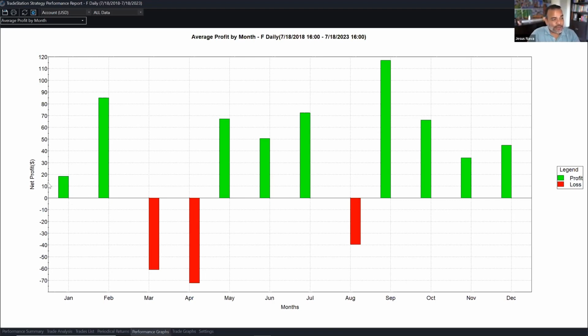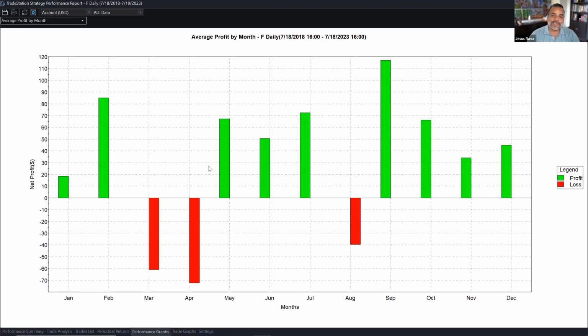So in January, on average, we have close to $20 profit. Now, this is net profit P&L. Remember, this is an average, so some Januaries may have lost money, some may have made money. But it does give you a sense of when the strategy is doing better.